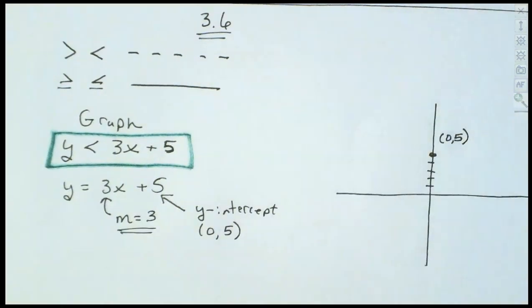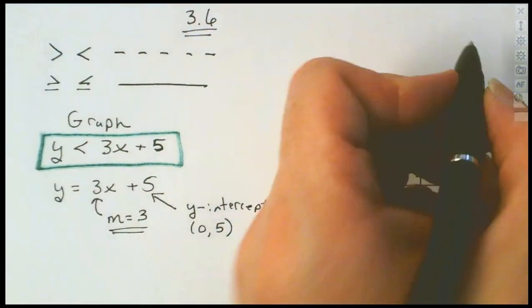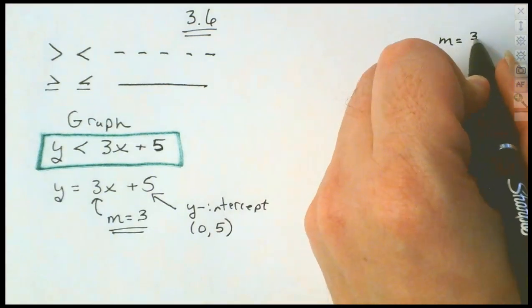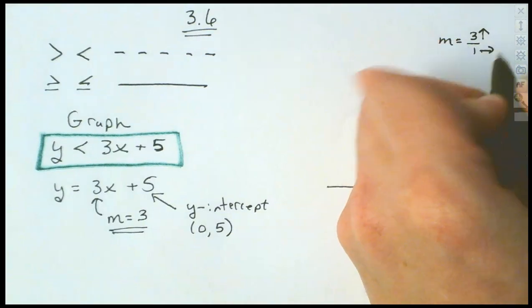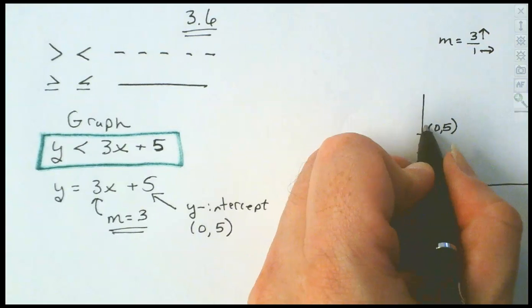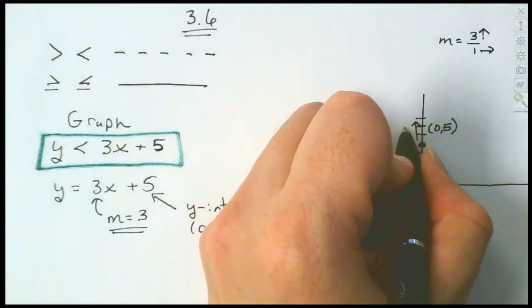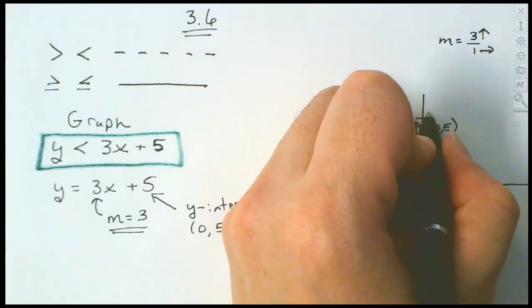And then what are we going to do from that (0, 5)? Well, from that (0, 5), our slope is 3 over 1. So we'll be going up 3 and over 1 unit. From our point here, we're going to go up 1, 2, 3, and over 1 unit.